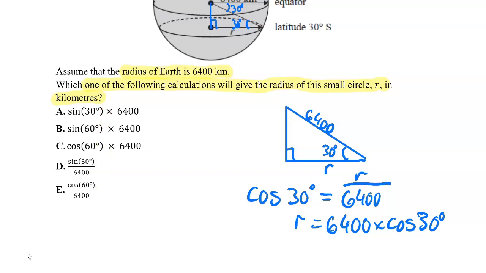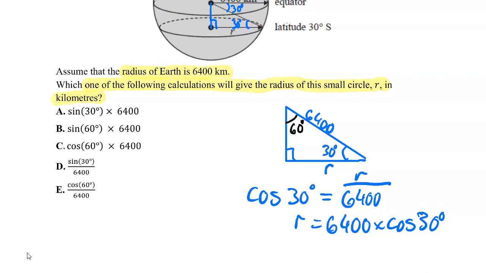Because the examiners here have thought about it, and they want to make it a little bit more challenging. So we know that that angle there must be 60 degrees, so that all three will add up to 180.